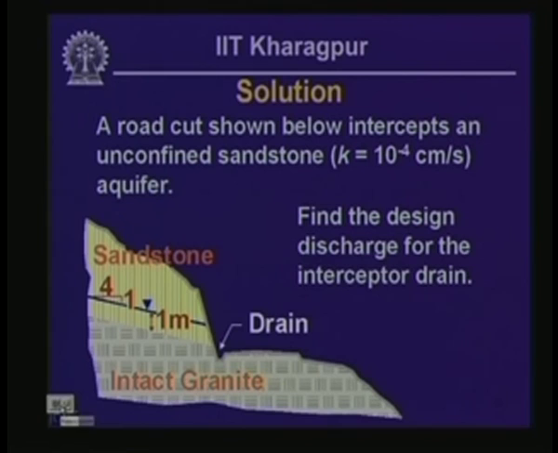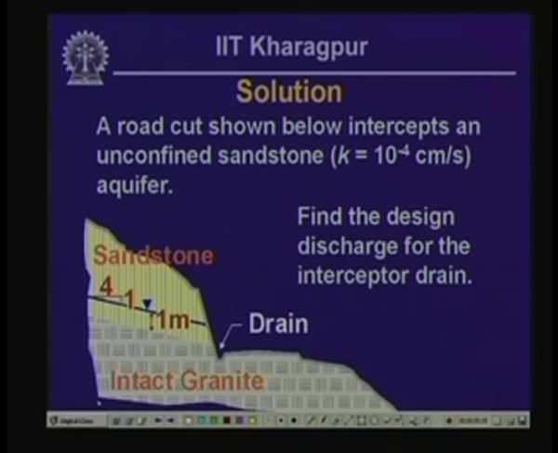Okay, now let's get on with the solution. In this configuration, the hydraulic gradient is equal to the head loss over the length of flow, and this will be the same in this case as the slope of the top of the water table.